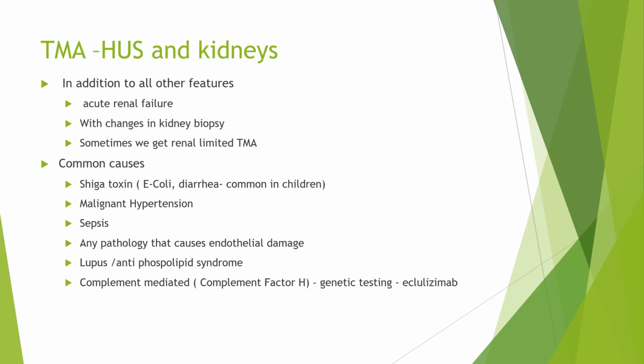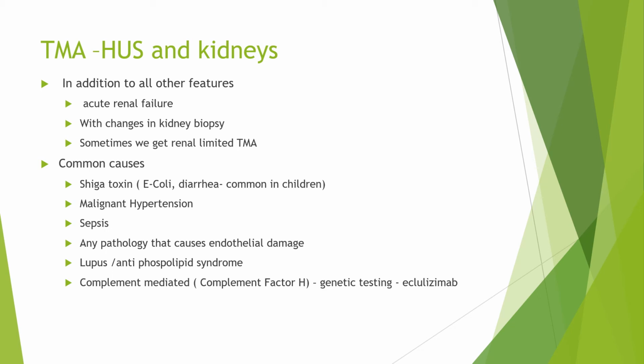I've said this again and again, the primary pathology is endothelial damage. So any etiology that can cause severe endothelial damage, such as malignant hypertension, sepsis, lupus, antiphospholipid syndrome, they all can present with the clinical syndrome of TMA and HUS in the kidneys.